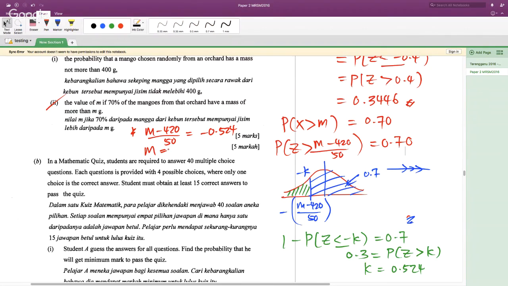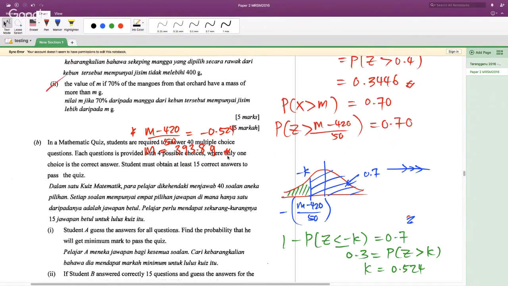My m should be negative 0.524 multiplied by 50 and plus 420. My mass should be 393.8 gram, I guess. All right, this is how we solve part B. You basically need to understand the bell-shaped diagram.